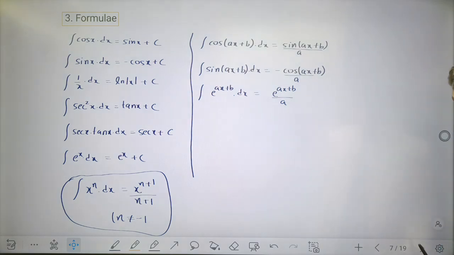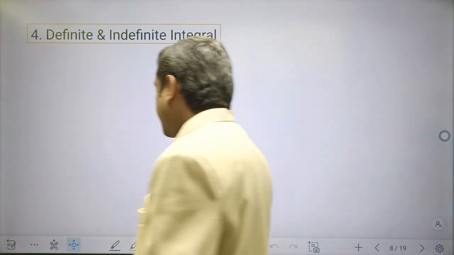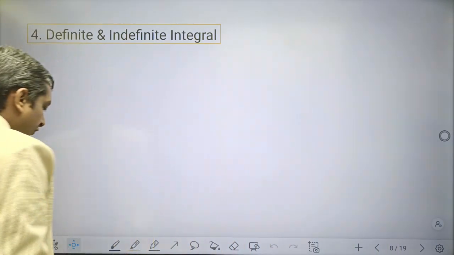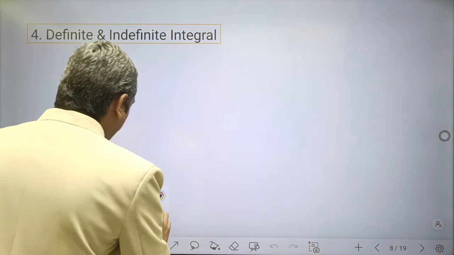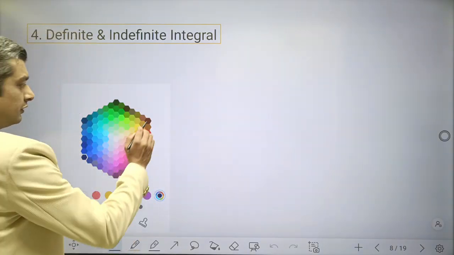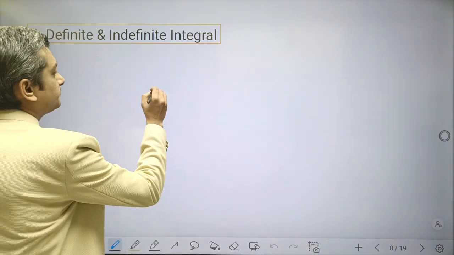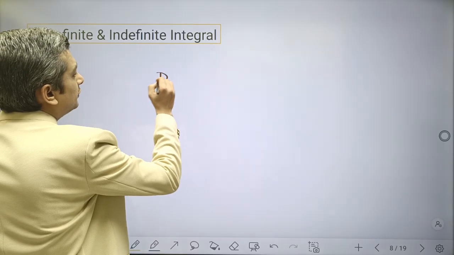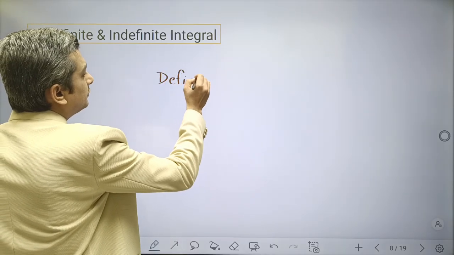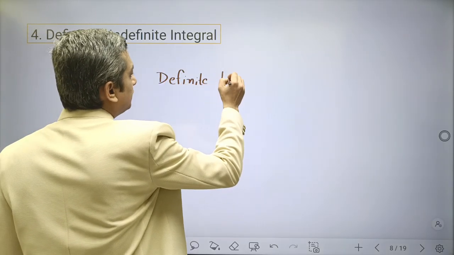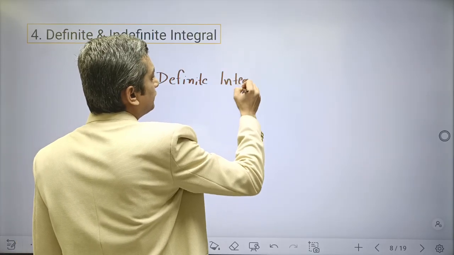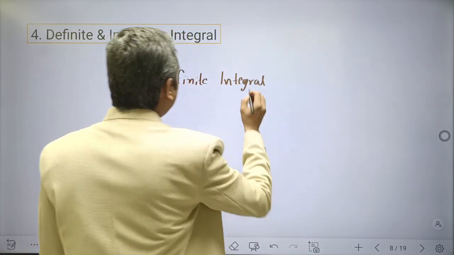So proceed to the next slide: definite and indefinite integral. Dear students, we define integral in two ways, isn't it? The first is the definite integral. What are the features of the definite integral?